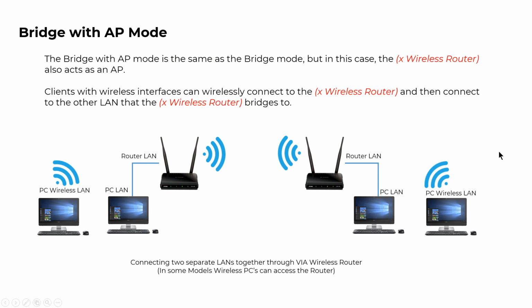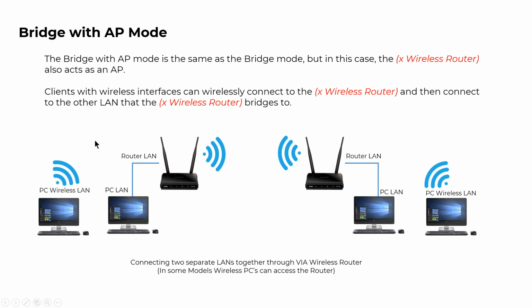Let's move to another operation mode, which is bridge with AP mode. Bridge with AP mode is the same as bridge mode, but in this case, the wireless router also acts as an access point. I explained access points earlier. Clients with a wireless interface can wirelessly connect to the router and then connect to the other LAN that the wireless bridge connects to.